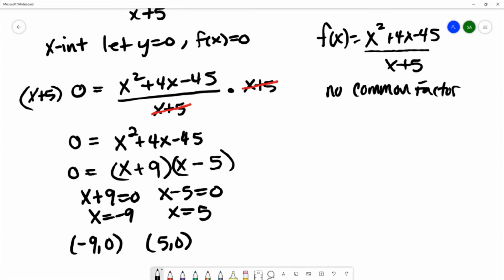You want to make sure that your function is reduced, your fraction is reduced to having no common factors before you look for vertical asymptotes. Once you've established that you have no common factors, then you'll set your denominator equal to 0 and solve. And that gives you any values of your vertical asymptotes. So for this function, we have a vertical asymptote at x equals -5.